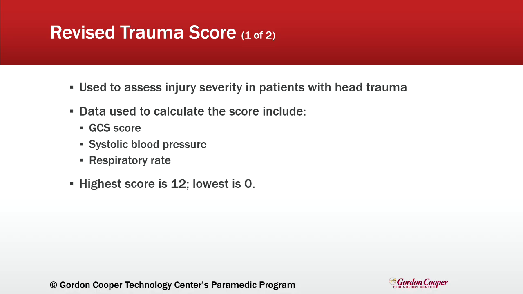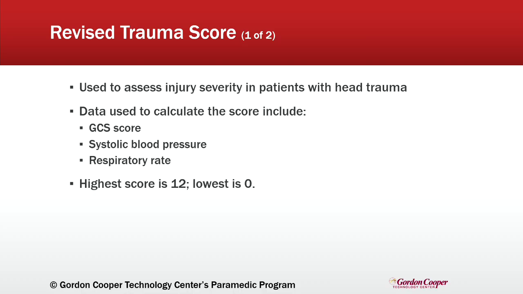However, we can use the revised trauma score to give us a little better indicator. This is a physiological scoring system used to assess the severity of a patient's head trauma. This score is heavily weighted to account for severe head injuries, even when other multi-system injuries or major physiological changes are not present.